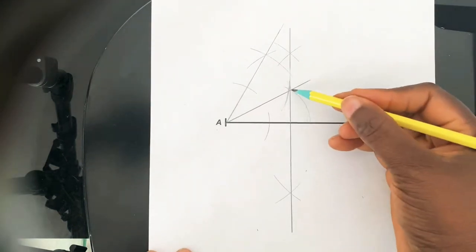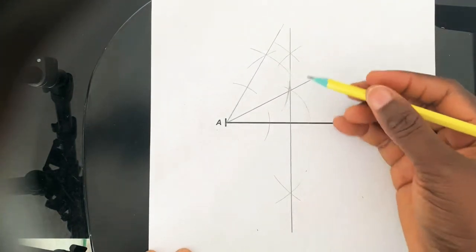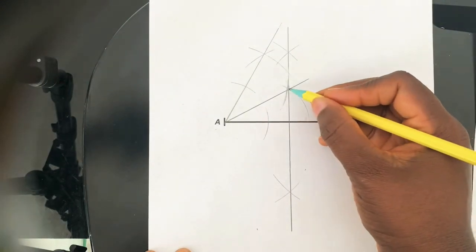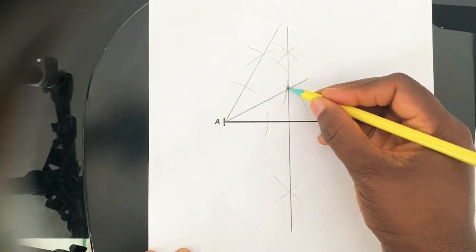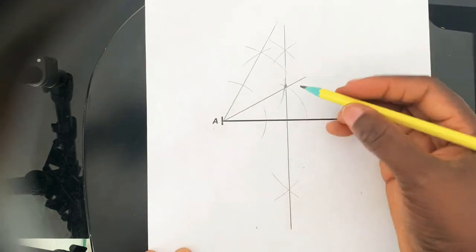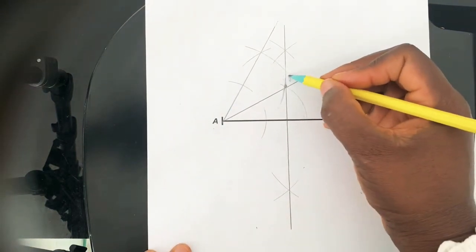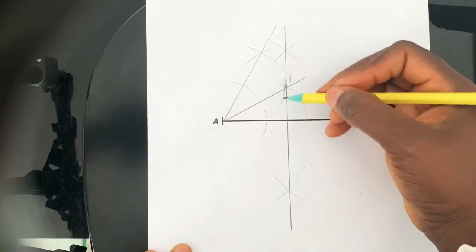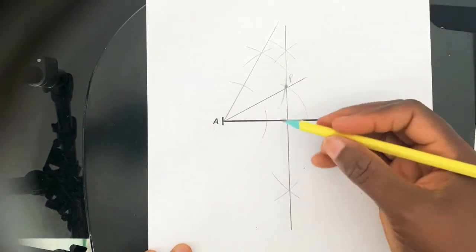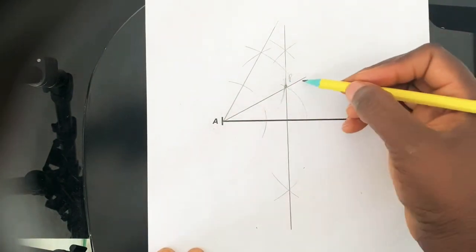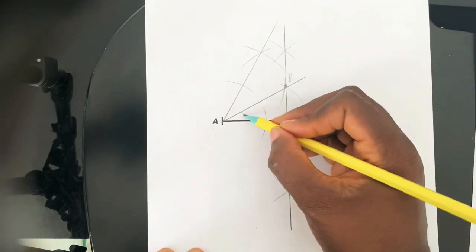So what we've made here is one of the possible positions of P. This is something you have to think through very well. This right here is a possible position of P because it says that P, which is this point, lies on the perpendicular bisector of AB. And angle BAP is equal to 30 degrees, this one right here.